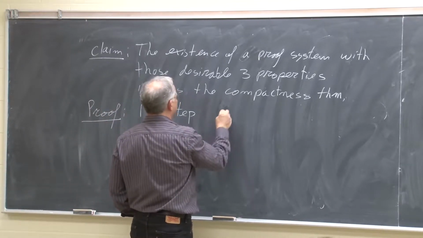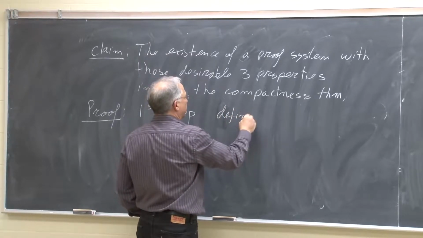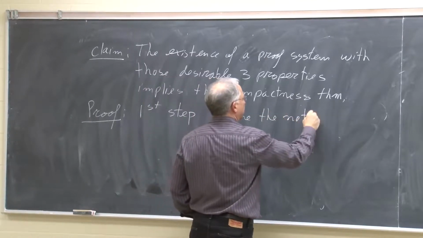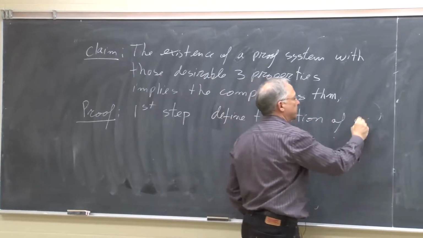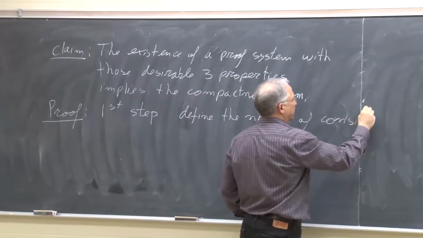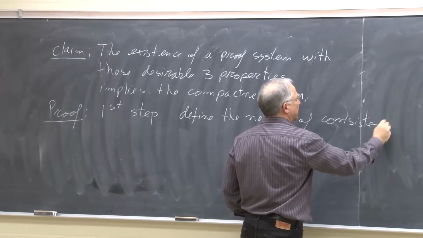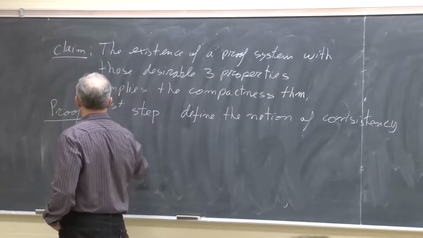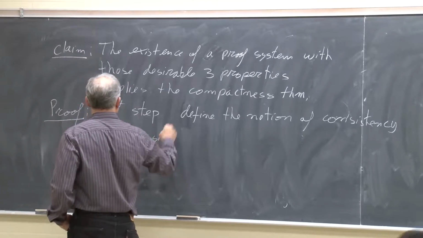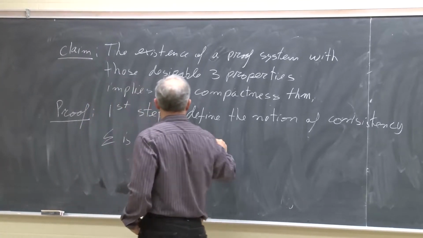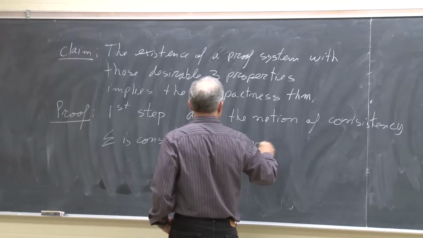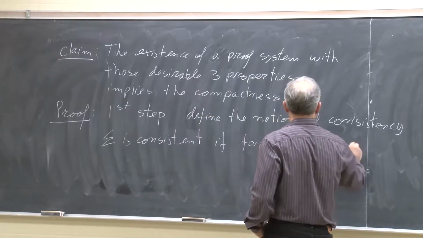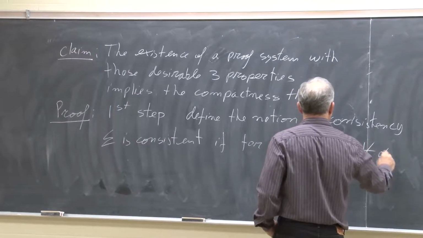We define the notion of consistency, just as we did in propositional logic. So I say that sigma is consistent if for some alpha, sigma cannot prove alpha.